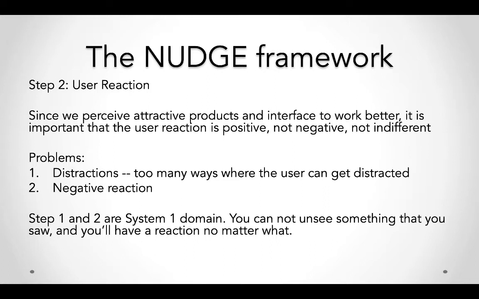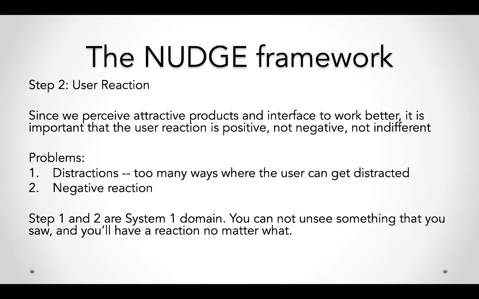But again, there are problems with this. There could be distractions, too many ways the user can be distracted. And you'll see this distraction part all over this framework, because you can distract the user at any moment. And typically the user doesn't have that much attention span, and any distraction will probably send him away.